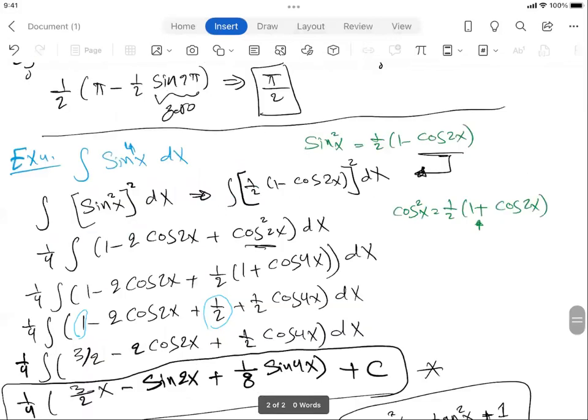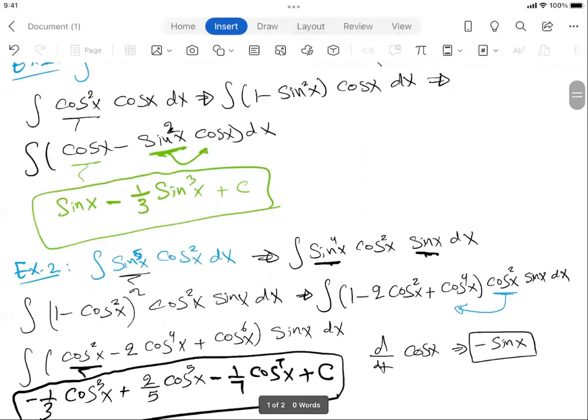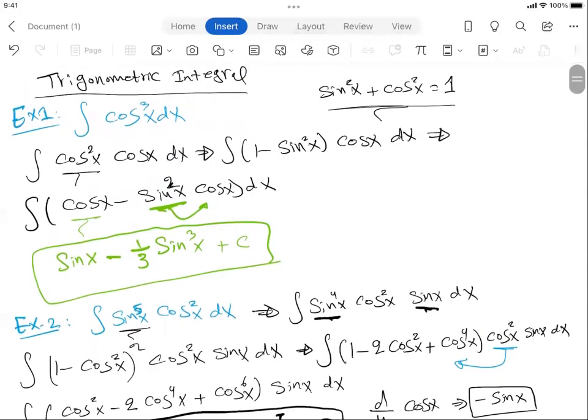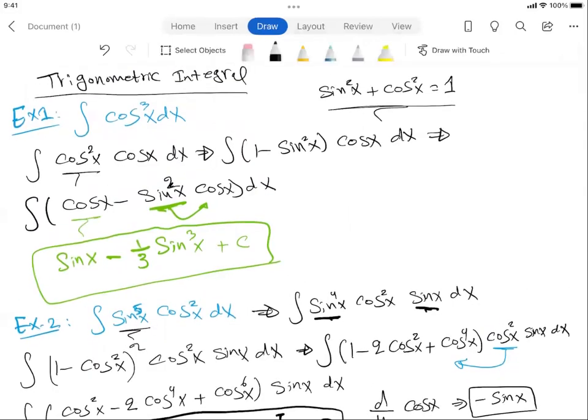Well, I guess let's just go to the first page and just erase those examples.